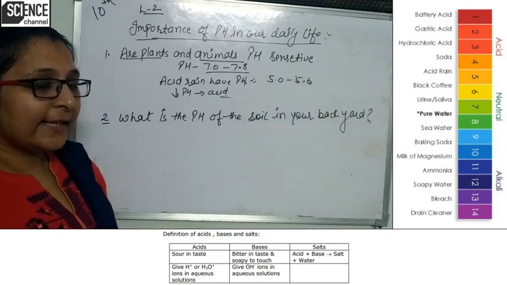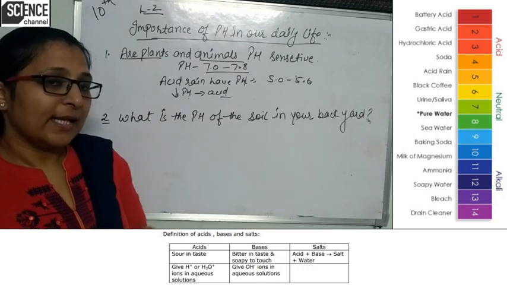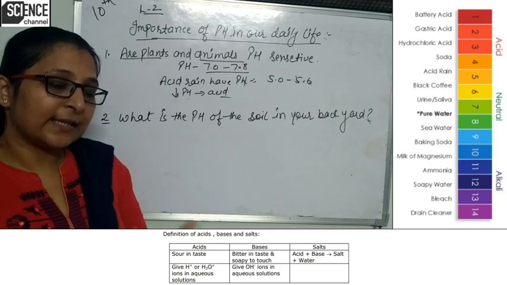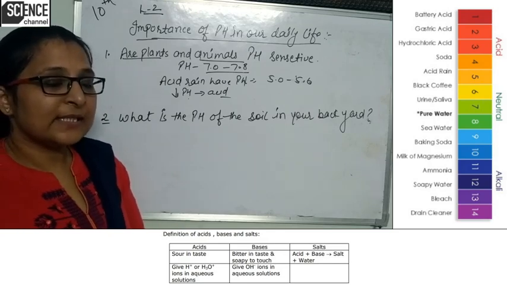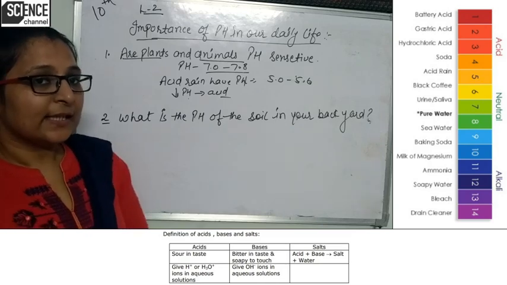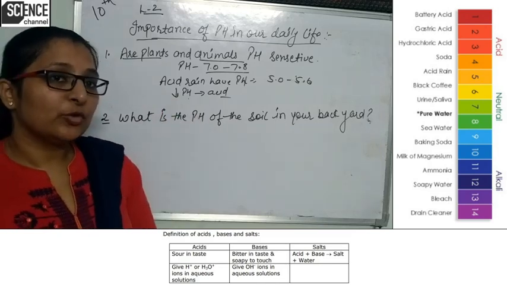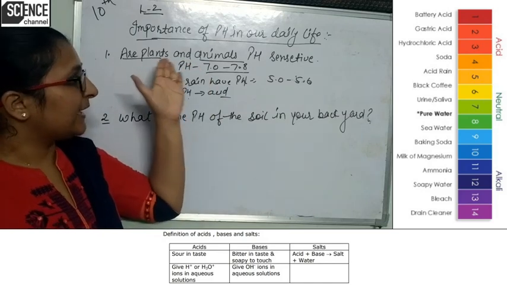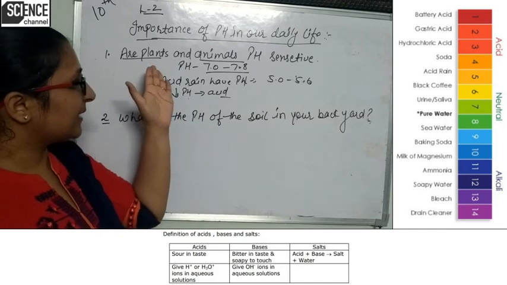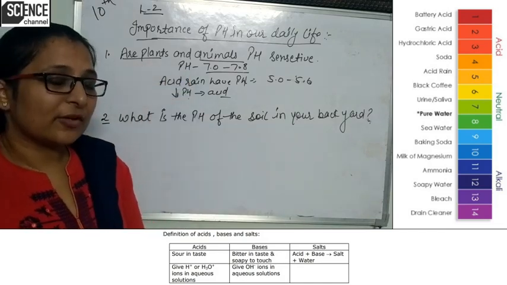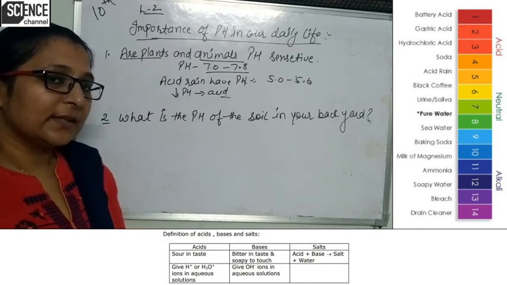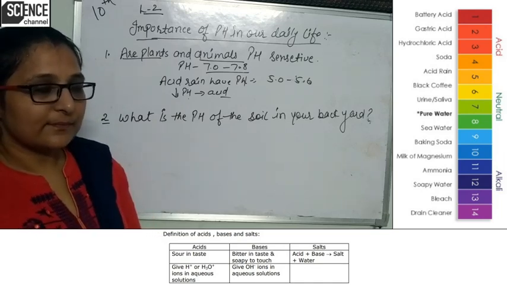Now if we add the acidic rain to a river, that water becomes acidic, meaning the pH value decreases, and it is very difficult for aquatic animals and plants to live. So that's why we say plants and animals are also pH sensitive. They have a specific pH value to live in water.